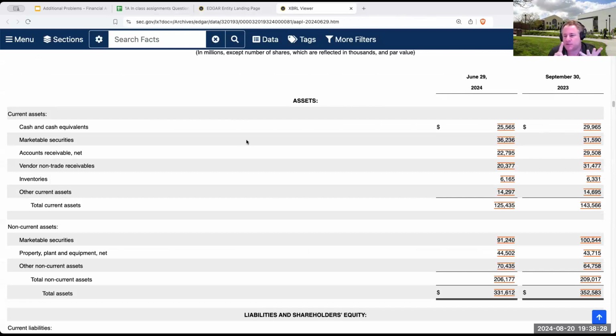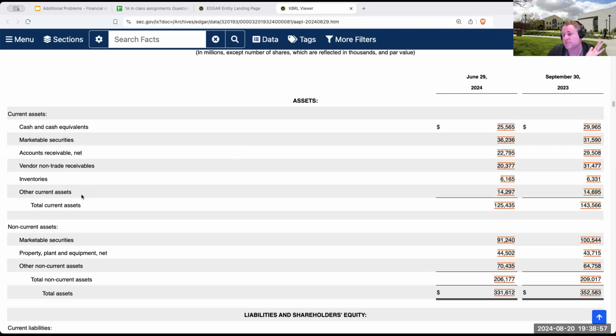Examples of assets are cash and marketable securities, meaning we've taken our cash and invested it. Accounts receivable means I've sold something or performed a service, and I've not yet been paid. Inventory is something I've bought or created and am reselling.